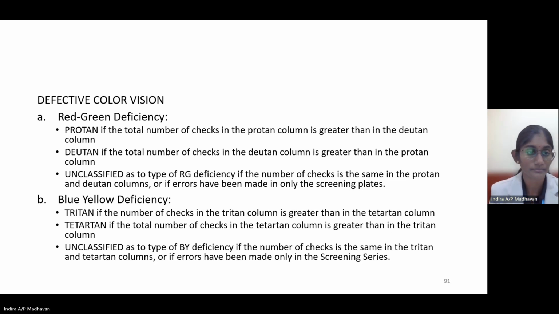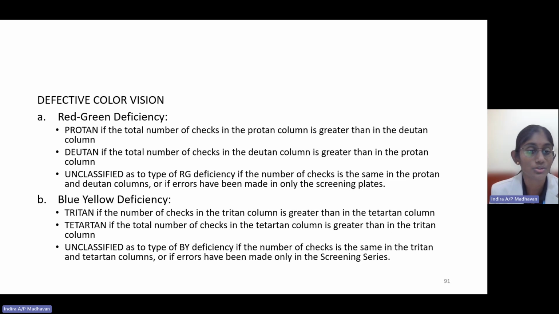And then if it's blue-yellow, tritan: the patient is considered to be tritan if the number of checks in the tritan column is greater than the other column. And if the patient has tetartan, the total number of checks in the tetartan column is greater than the tritan.